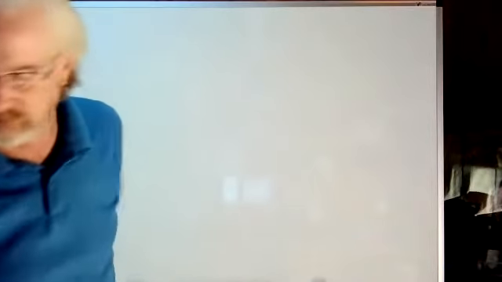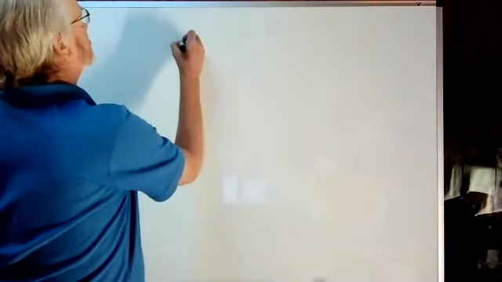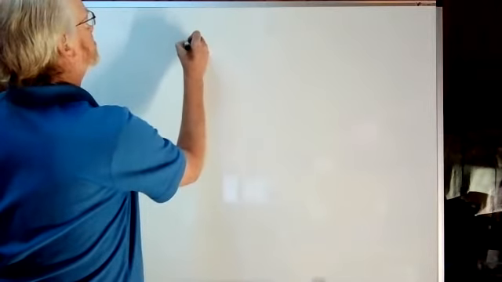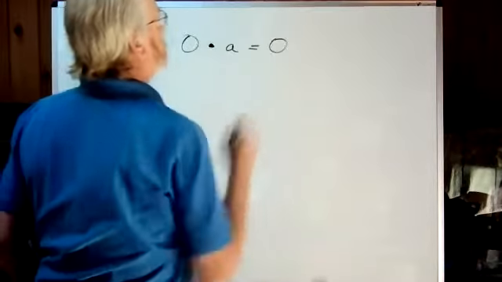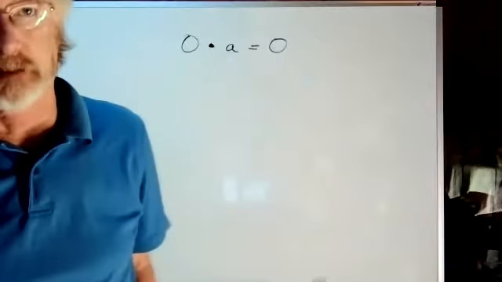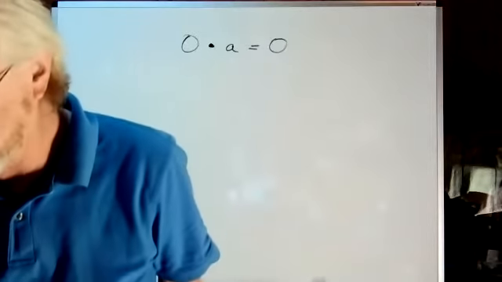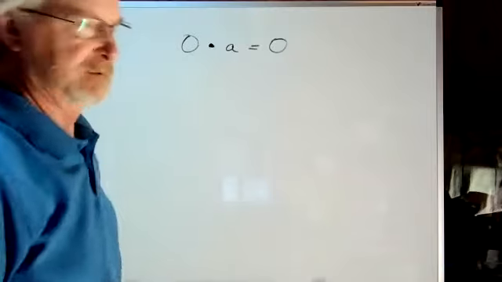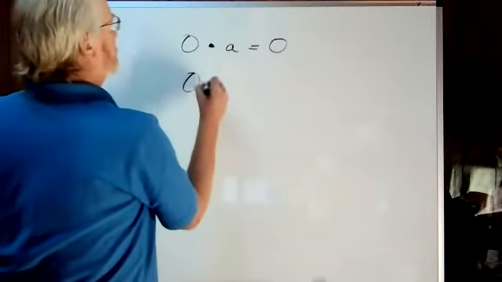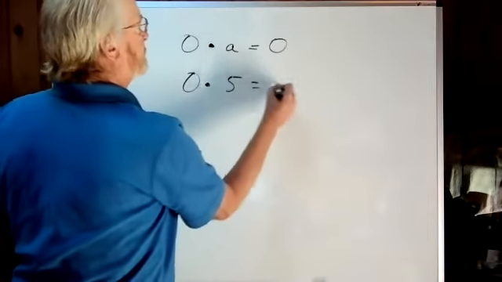Zero property. 0 multiplied times anything is 0. Hopefully that's pretty clear. 0 times 5 equals 0.